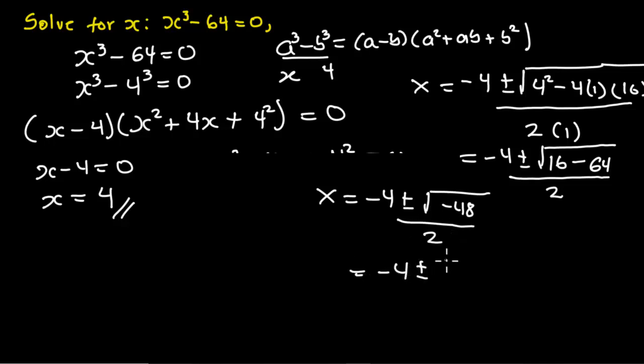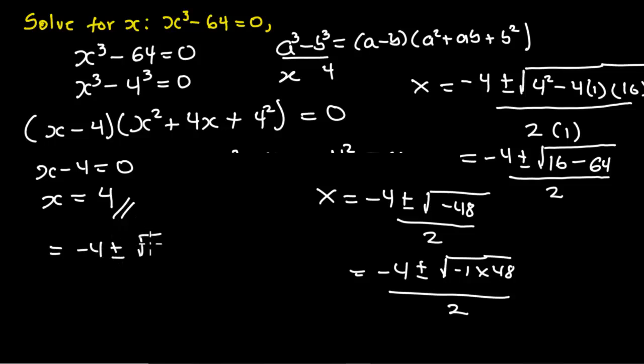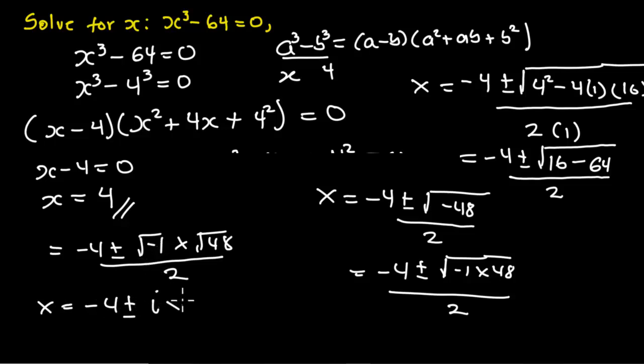We can write negative 4 plus or minus the square root of negative 1 times 48 all over 2. So we are going to have negative 4 plus or minus the square root of negative 1 times the square root of 48 all over 2. So x will be equal to negative 4 plus or minus, the square root of negative 1 gives an i, which is a complex number, times the square root of 48, which can be expressed as 4 times 12, all over 2.